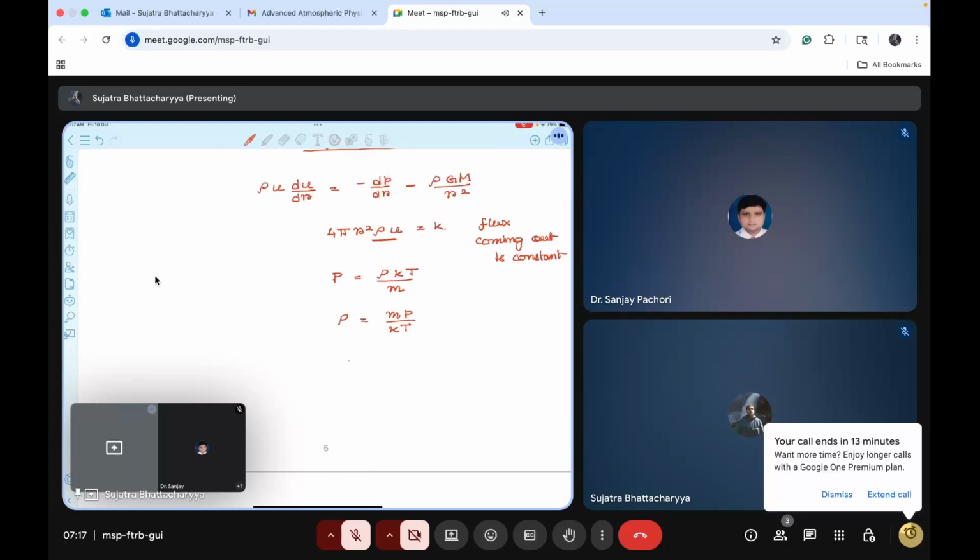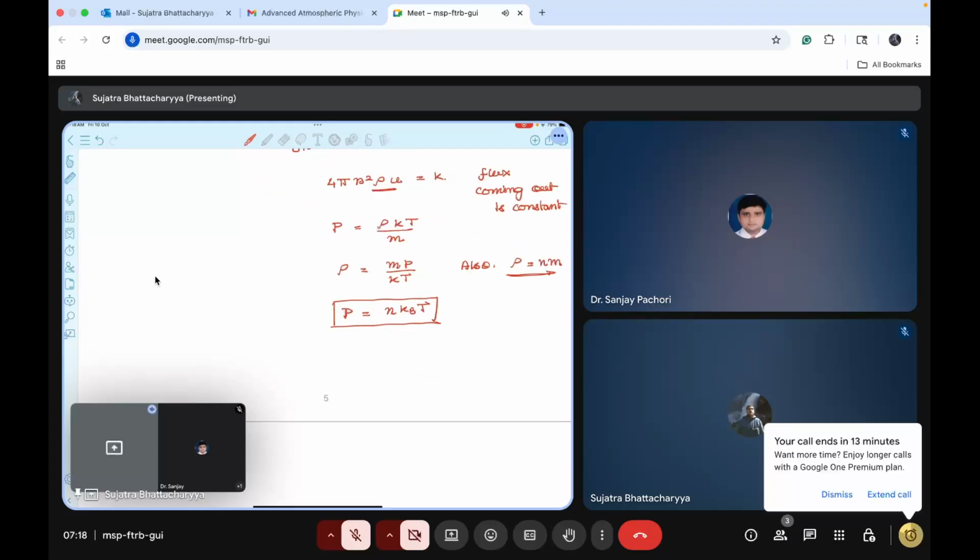And also we have defined rho is equal to N into m. This is by the definition of the density. So P can be written as N into kB into T. So number density into Boltzmann constant into temperature.